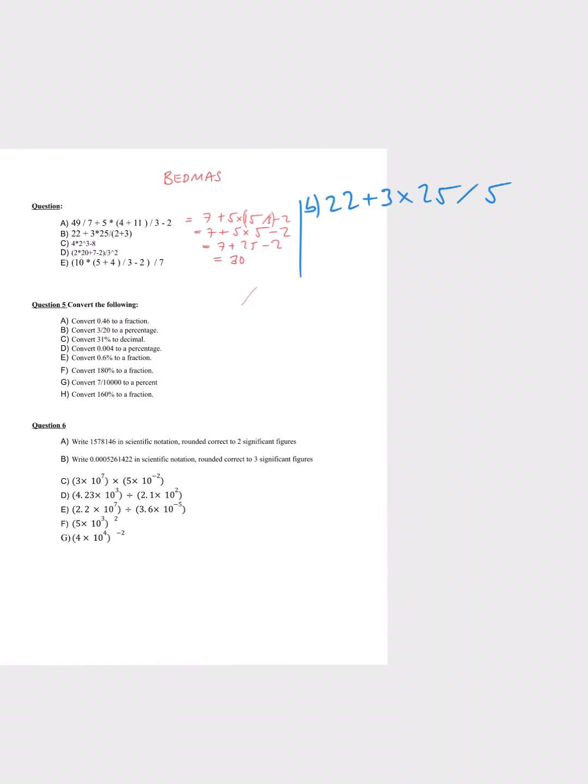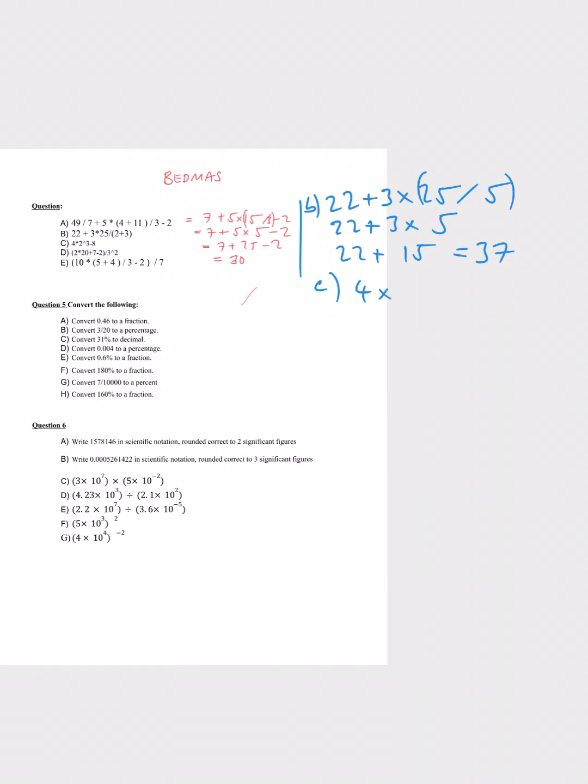So I'll do the divide first. 22 plus, leave that alone. 3 times 25 divided by 5 now is just 5. And then 3 times 5 is 15. I do that first. Again, multiplying before adding. And then 22 plus 15 is equal to 37. That's your answer.